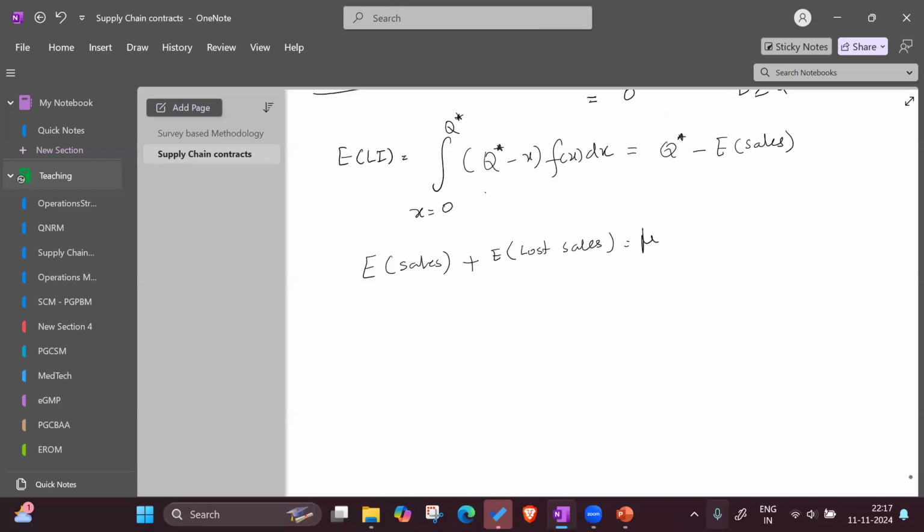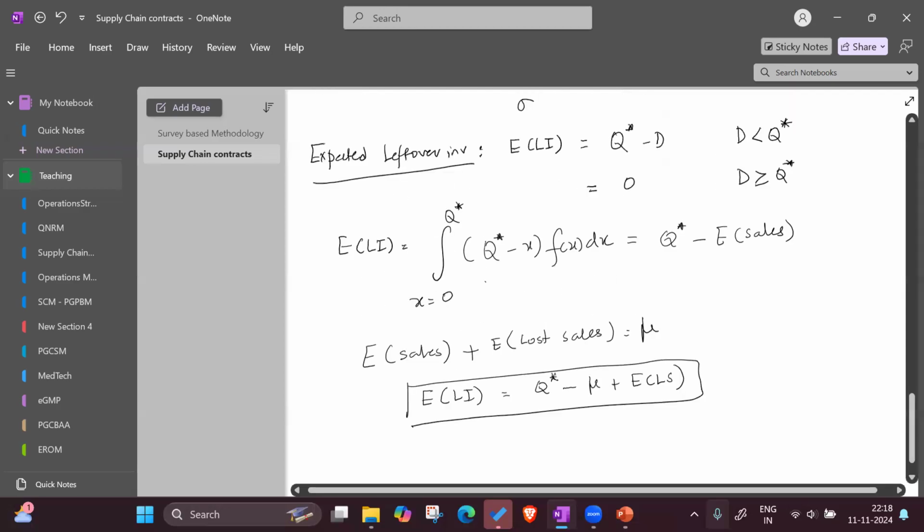Now, given that expected leftover inventory is Q star minus expected sales, if I substitute the above equation in this, you will get expected leftover inventory as Q star minus mu plus expected lost sales, right? So these are the formulas that we have.